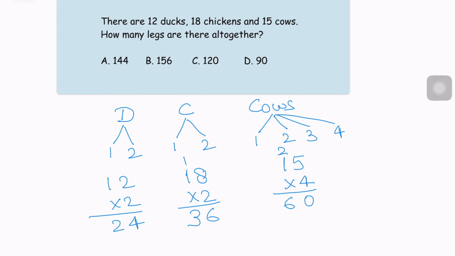Okay, so now this 24 plus 36 plus 60 will give you the total number of legs. So to get the total number of legs, we will add 24, 36, and 60.